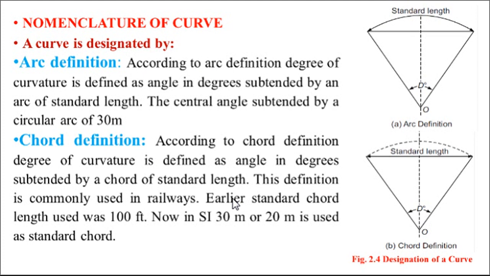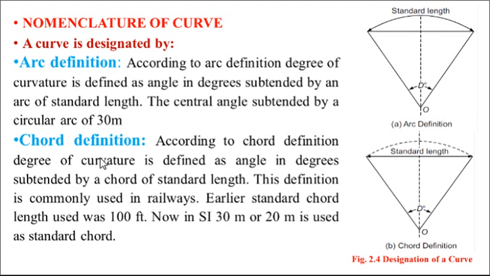According to the arc definition, degree of curvature is defined as the angle in degrees subtended by an arc of standard length, the central angle subtended by a circular arc of 30 meter. So in this first figure, this arc may be 30 meter or maybe 20 meter in length, and this is the degree of the curve, and O is the origin of the curve.